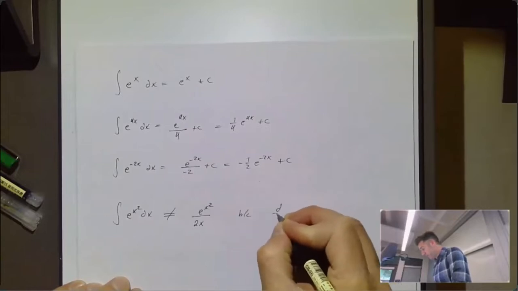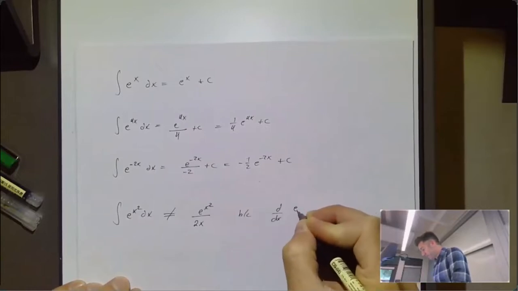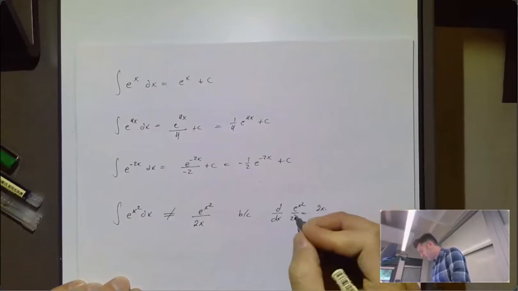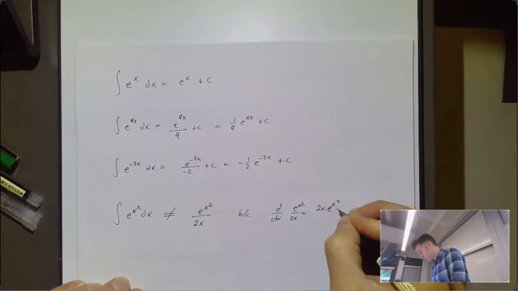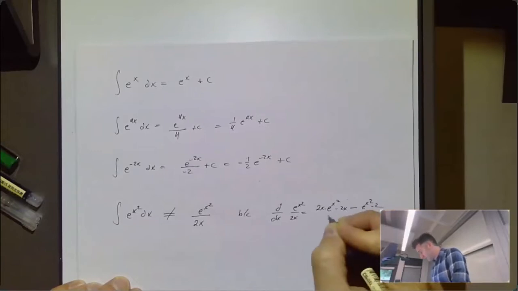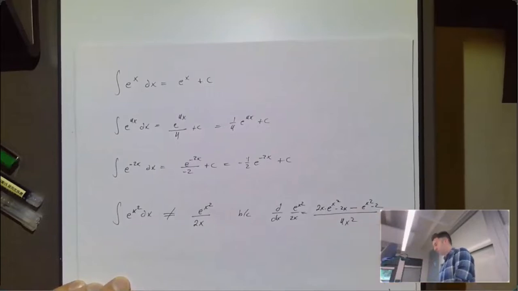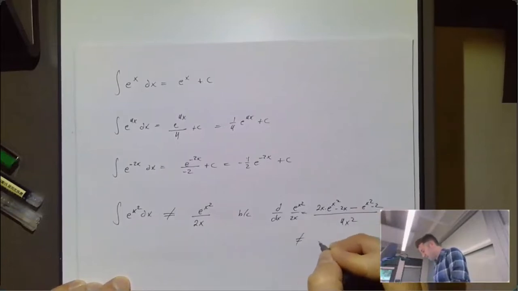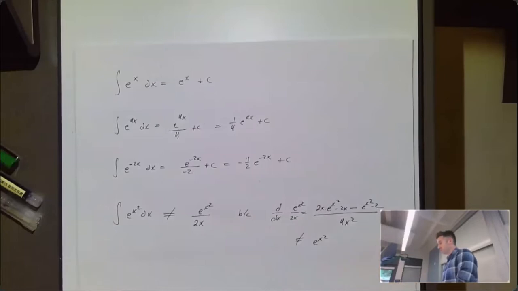The derivative of e to the x squared over 2x is 2x times e to the x squared times 2x minus e to the x squared times 2, all over 2x quantity squared. I'm pretty sure that's not equal to e to the x squared. I'm 100% sure, not just pretty sure, 1000% sure.